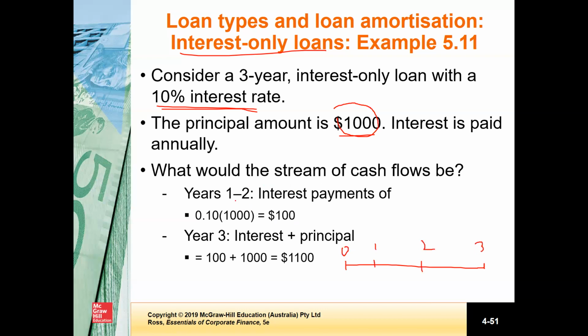In the first 2 years, $100 will be the interest payment. So 100 first year, 100 second year. You see 100 is calculated as 10% of 1,000. And in the third year, interest and also the principal will be paid. So it will be 1,100. So this is an interest-only loan. Interest is paid annually and principal is paid at maturity.